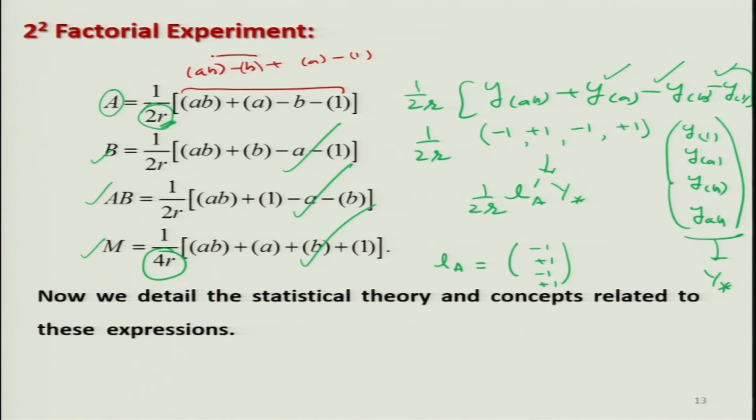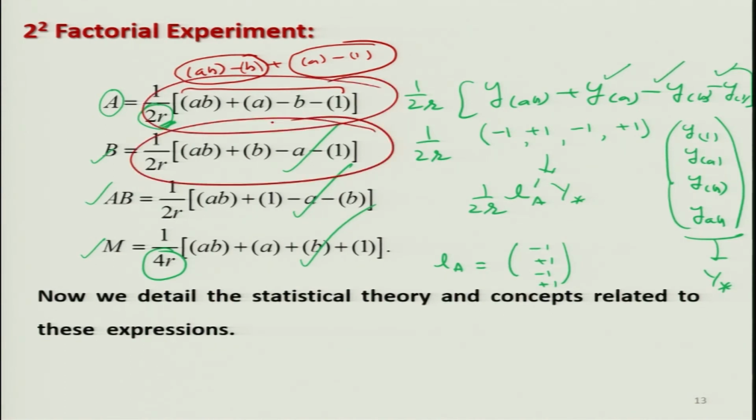Can you see that this quantity is an elementary contrast and this quantity is also an elementary contrast, right? And if you look at this entire quantity, whether it is inside A or B or AB or M, what is the difference between AB and M?